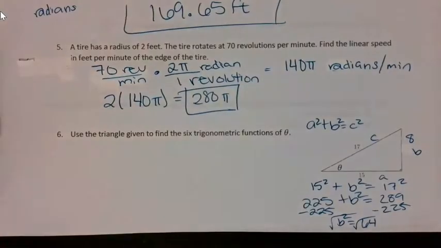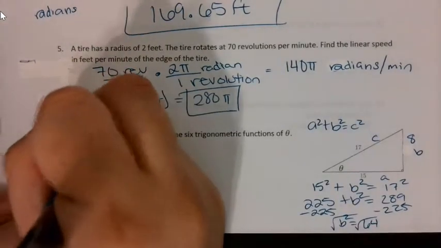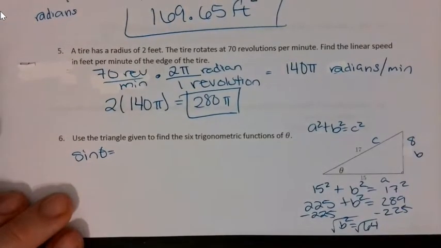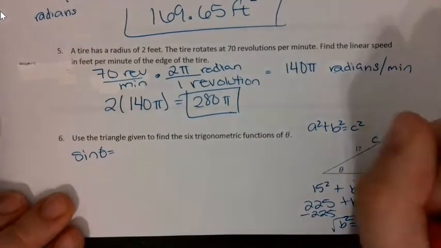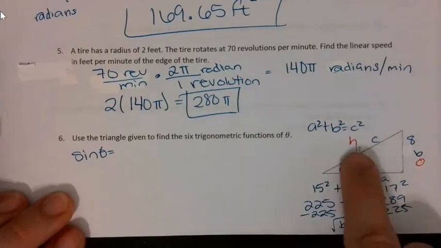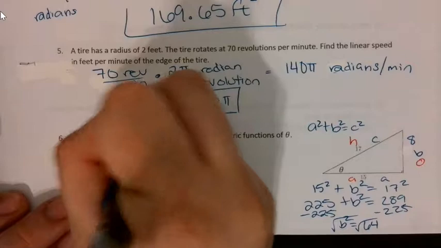So now that I have my 3 side lengths, I can write my trig functions. I have sine of theta, which remember is opposite. Oh, let me also label these like that. I have opposite, adjacent, hypotenuse, because opposite the angle, touching the angle, hypotenuse is always the longest side. Sine is opposite over adjacent, so I have 8 over 15.